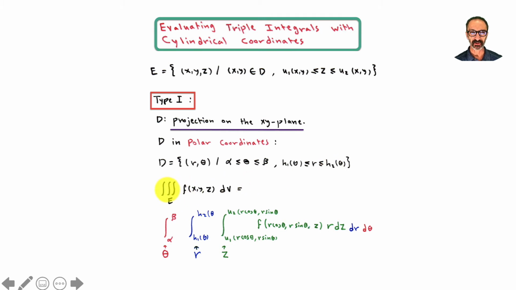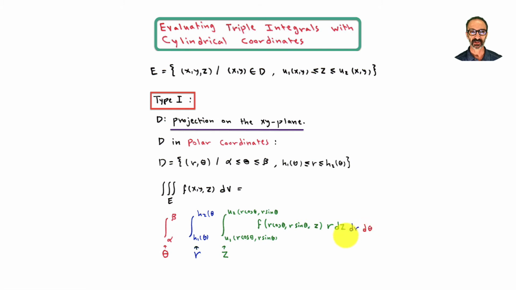So the triple integration over the region E in 3 dimensions of f(x,y,z) dV will become of this format. You change x to r cosine theta, you change y to r sine theta, and z you keep as z, and now we have r dz dr d theta.